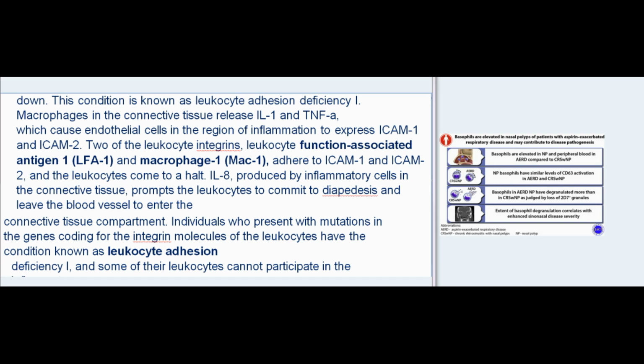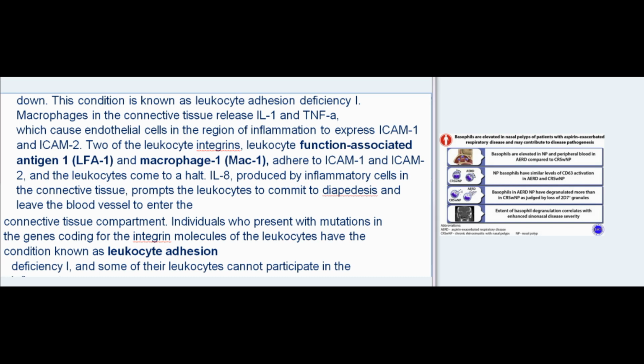Macrophages in the connective tissue release IL-1 and TNF-alpha, which cause endothelial cells in the region of inflammation to express ICAM1 and ICAM2. Two of the leukocyte integrins, leukocyte function-associated antigen 1, LFA1, and macrophage 1, MAC1, adhere to ICAM1 and ICAM2, and the leukocytes come to a halt.